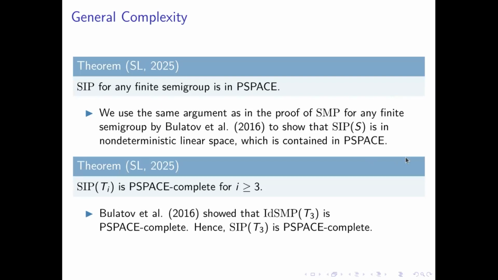Another general complexity result is that SIP for transformation semigroups over more than 3 elements is PSPACE-complete. This follows from Bulatov and his colleagues, because they showed that the idempotent target subpower membership problem of T3 is PSPACE-complete. Since IDSMP reduces to SIP, SIP is also PSPACE-complete.